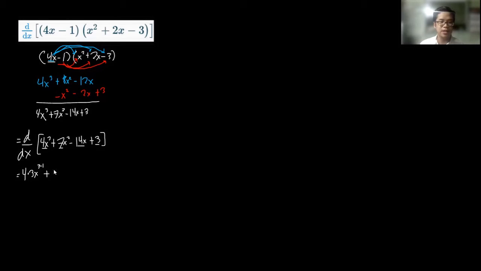Plus, same thing here: copy the coefficient, times bring down the exponent, copy the variable, and subtract the exponent by 1. And here, since we have negative 14x, it's just a variable, so I can remove it and copy the coefficient itself, which is negative 14. And plus, we have this 3, which is your constant term. This is 0.